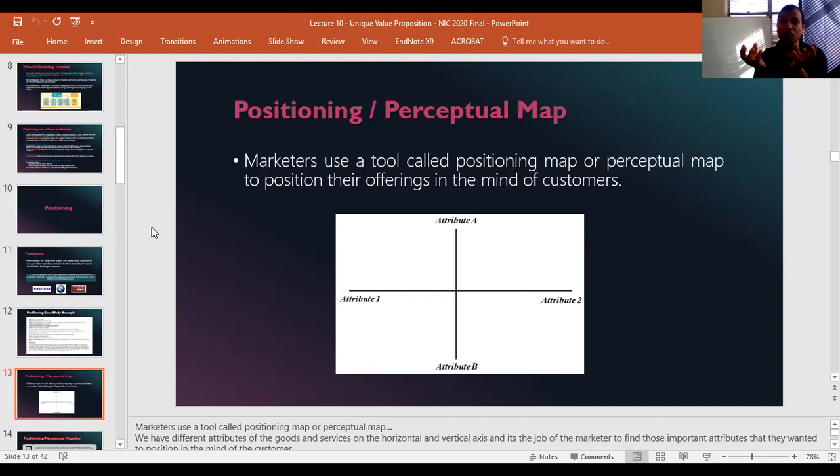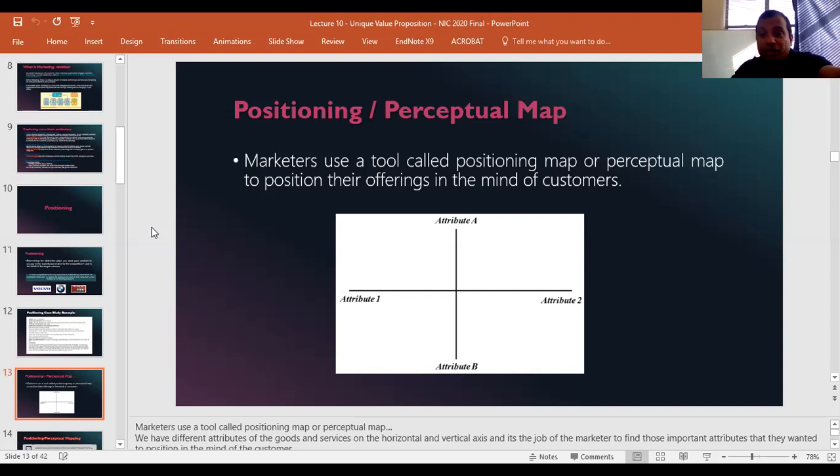So it's a challenge for the marketeer to find out those important attributes of the product or offerings that the customer wants. As a marketeer, you want to position while keeping the customer's mind in view. So which attribute of your firm or your offerings will attract more customers compared to the competitor?